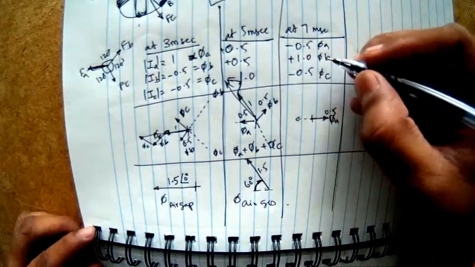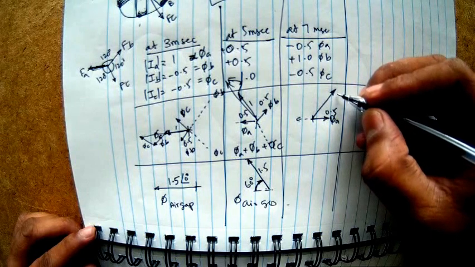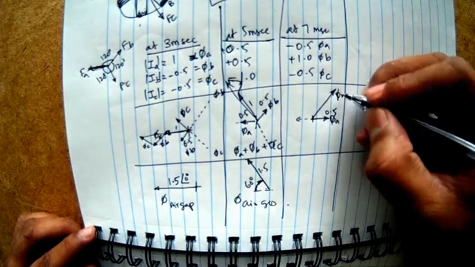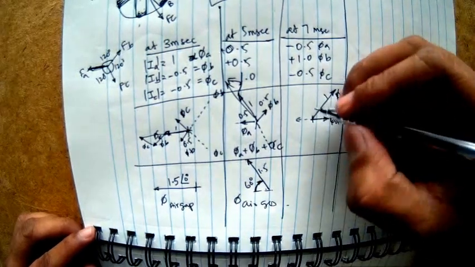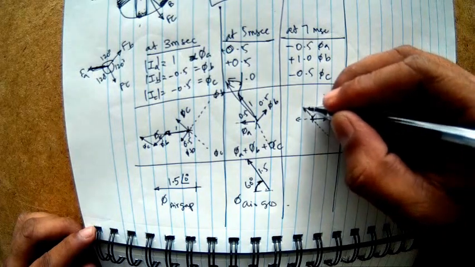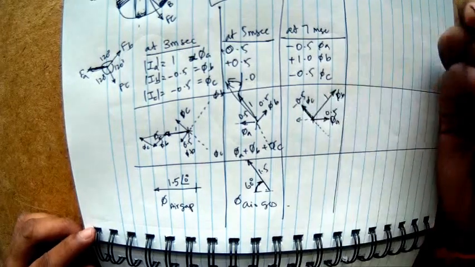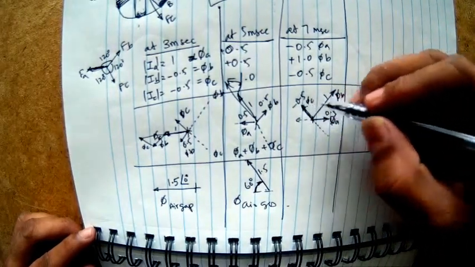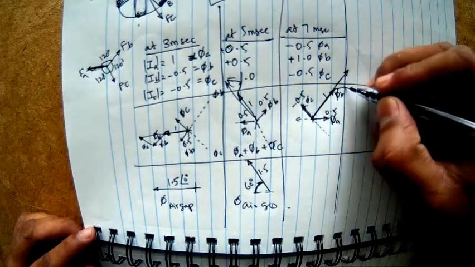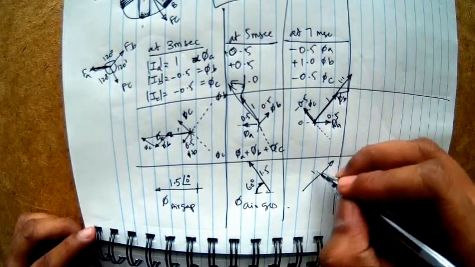Now what about phi B? Phi B, this is the regular direction, and this is 1 unit. Phi B equals 1 unit. Now what about phi C? This is the natural direction of C, but I have to take the opposite direction because it is negative. So 0.5 phi C. Now if I add these three, phi A, phi B and phi C, I will get again a total length of 1.5.